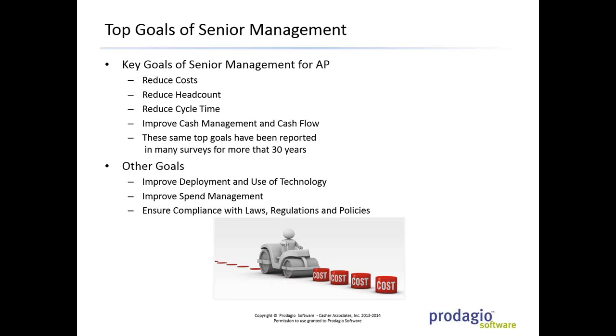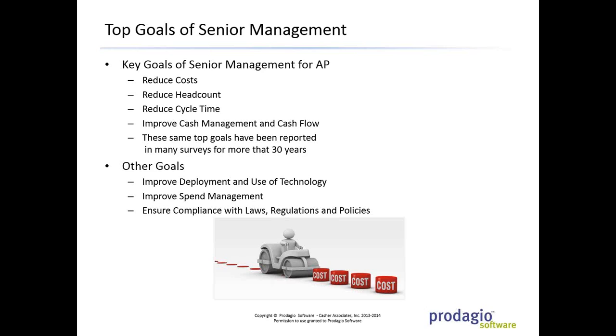More recently, I'd say within the last 10 years, these other 3 goals have begun to move in as well. One being, do a better job of implementing and using technology within accounts payable. More recently, although spend management is really a function of purchasing and procurement, it turns out that accounts payable has the data.